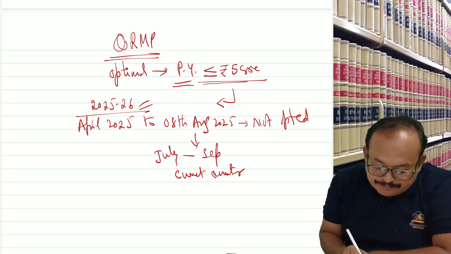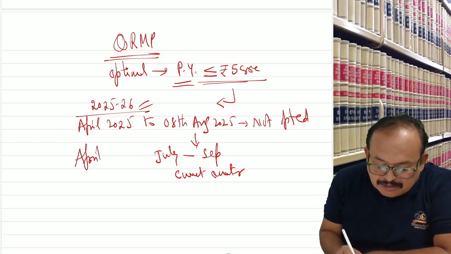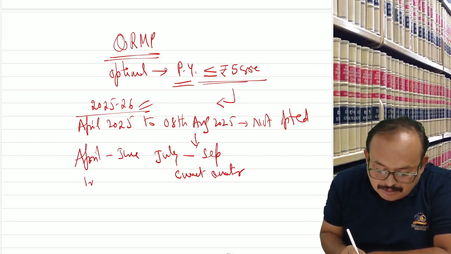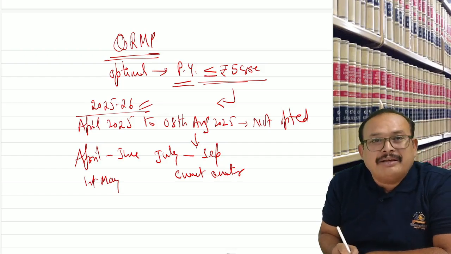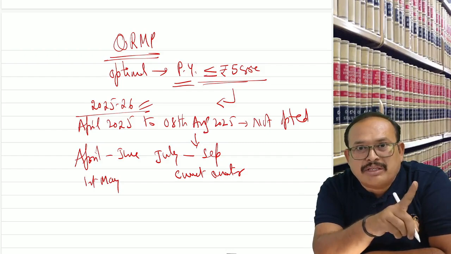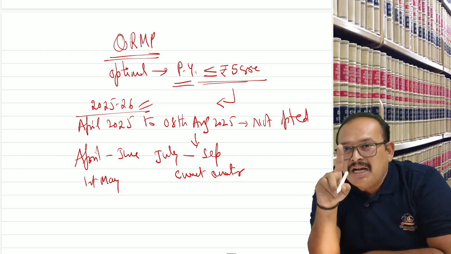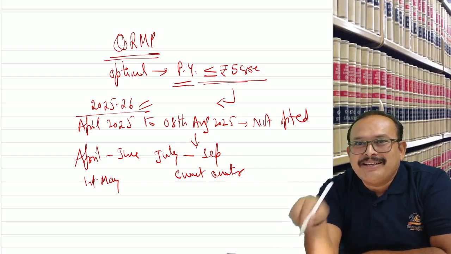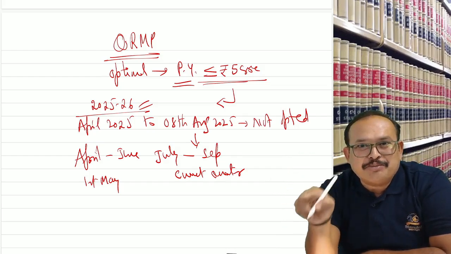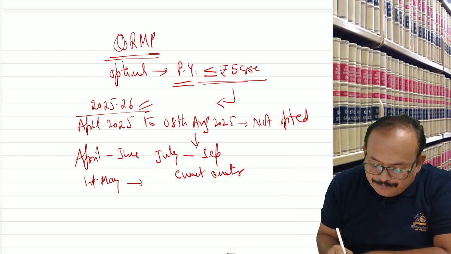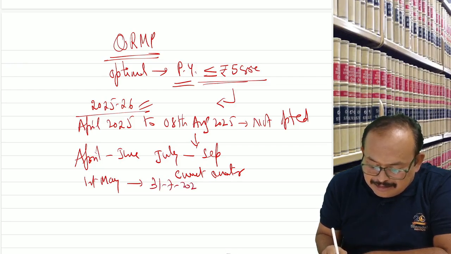The previous quarter is April to June, so the second month is May. From the first day of the second month of the previous quarter till the last day of the first month of the current quarter, that is, till 31st July 2025.